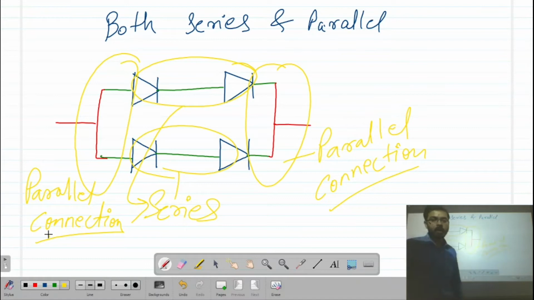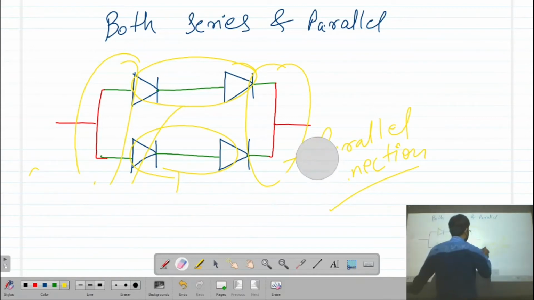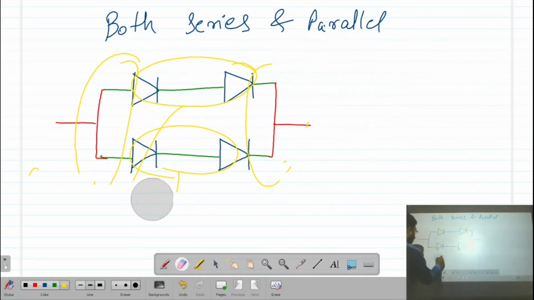This is also parallel connection, right? So this is nothing but both series and parallel connections combined. Now let us see how the IV will be for this combination, right? Let us see the IV of it.